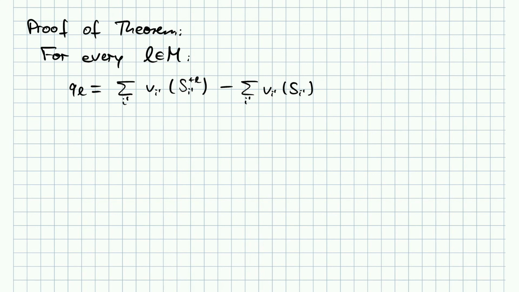So in particular, we want to understand this term here. How big is the social welfare that we're getting if we introduce another copy of item L?